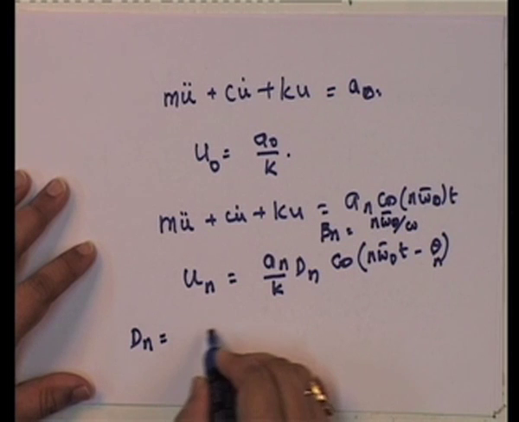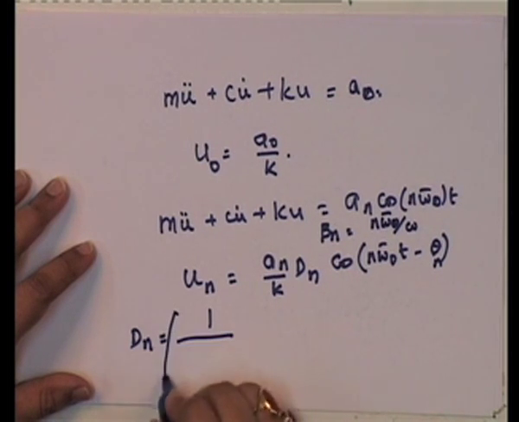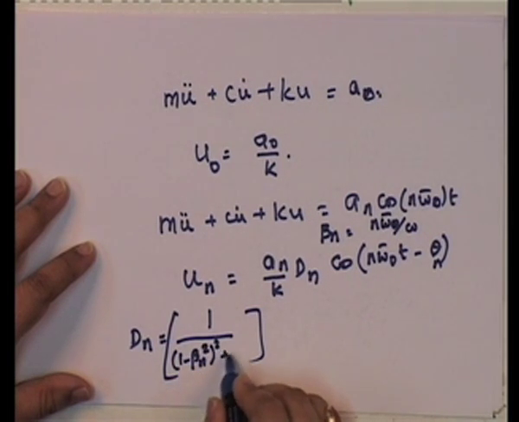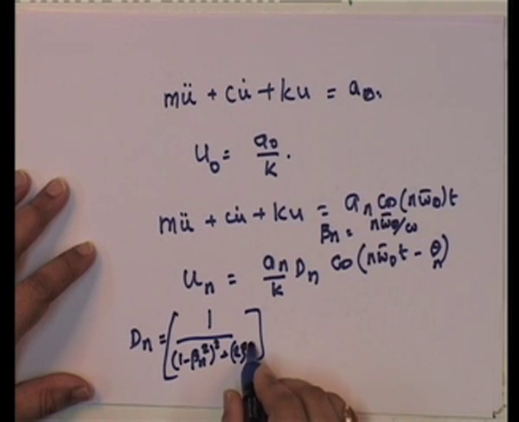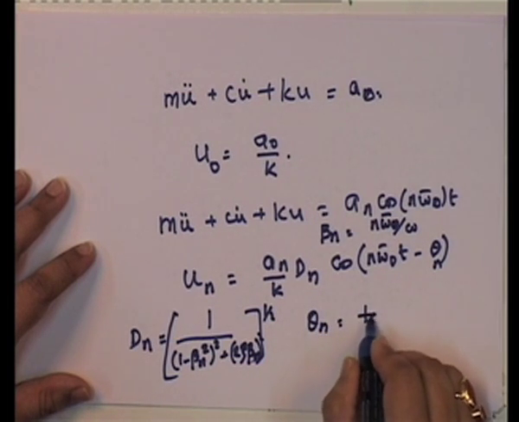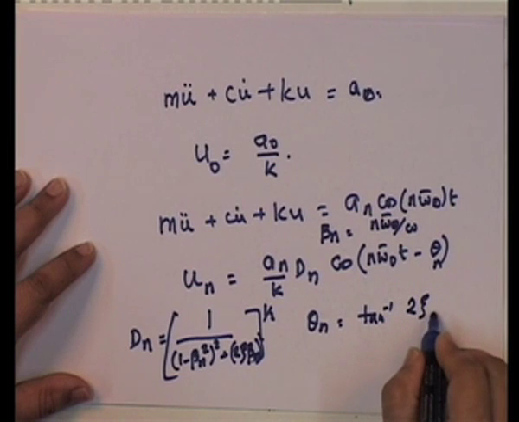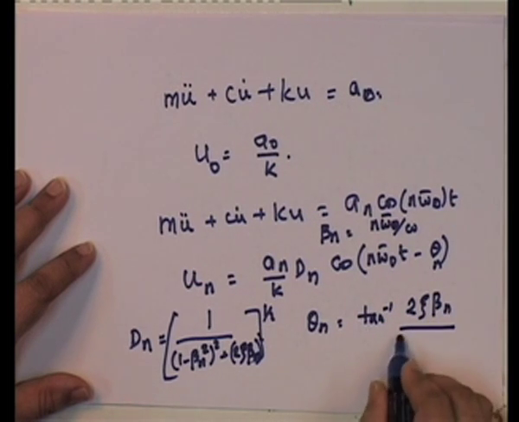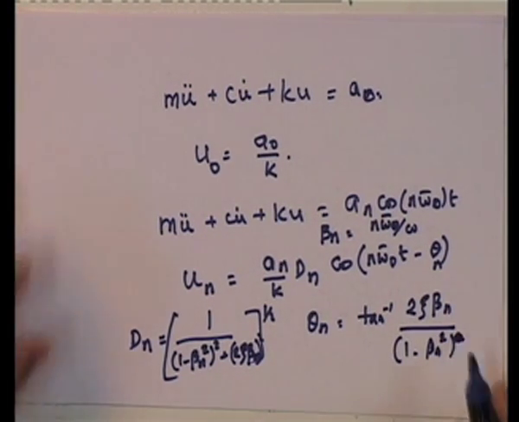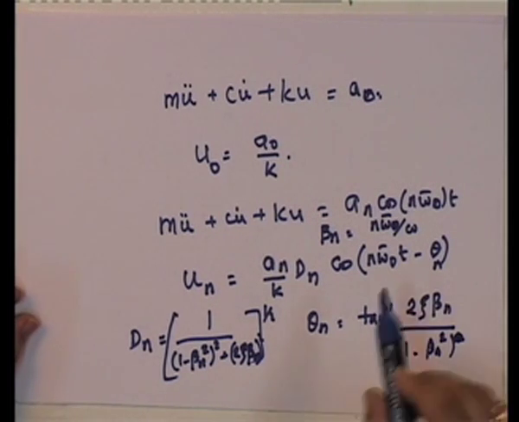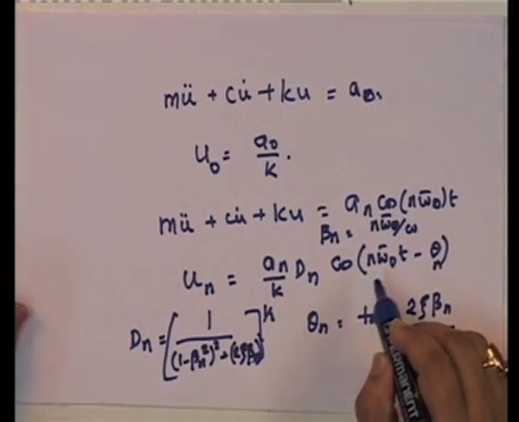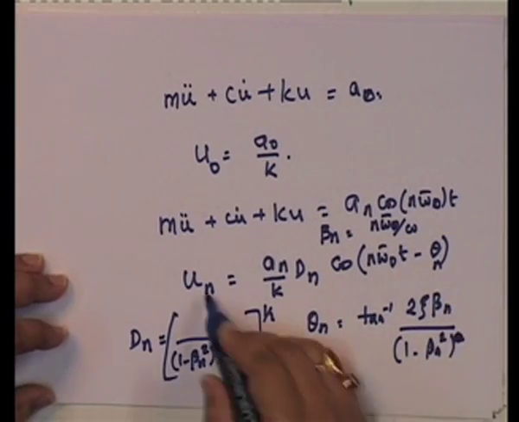So, d n is equal to square root of 1 minus beta n squared plus 2 zeta beta n the whole squared, and theta n is equal to tan inverse of 2 zeta beta n upon 1 minus beta n squared. Since I know omega 0 and I know omega is equal to square root of k upon m, I know everything. I can find it out.